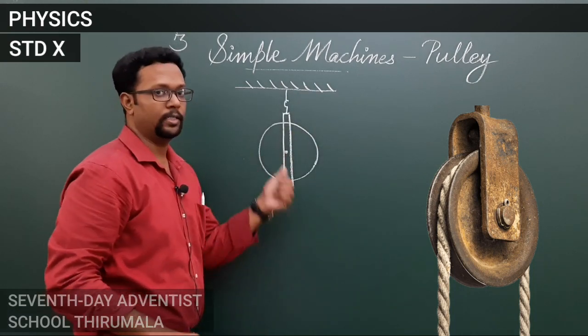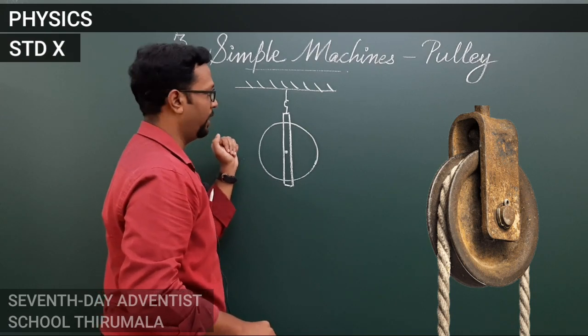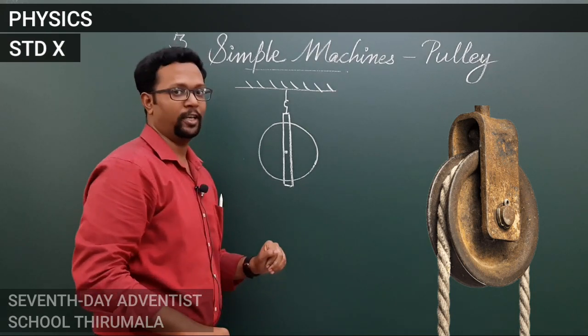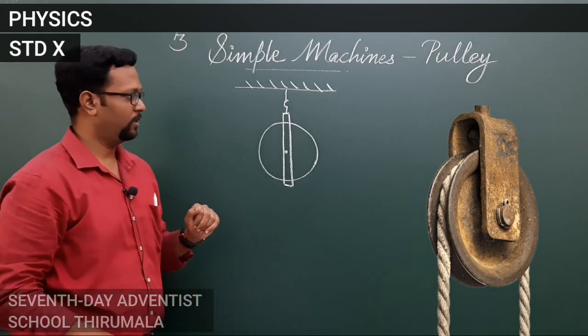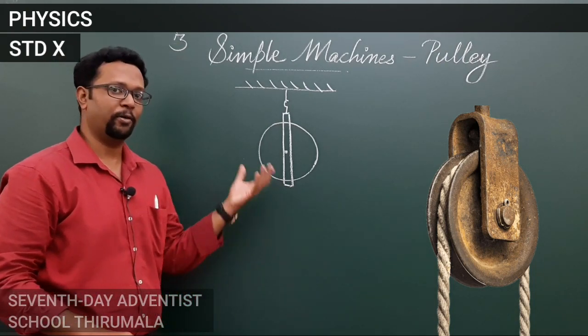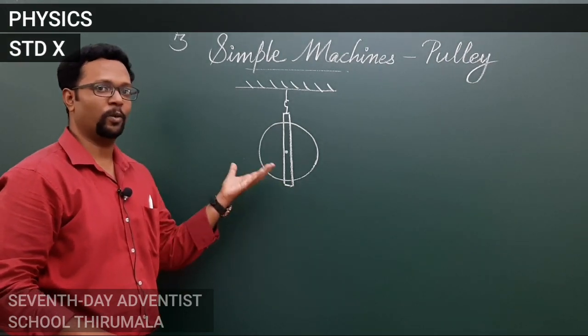Rigid means strong. And don't forget to draw a support when you are drawing a pulley. So it's easy to define this pulley. What we already said about the pulley, its nature, and what we see is the definition of pulley. So what is a pulley?